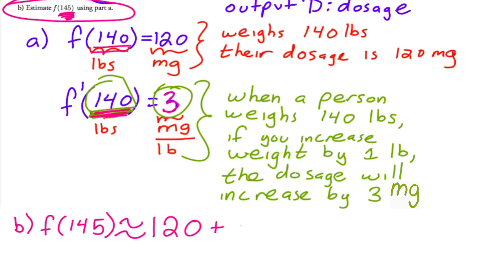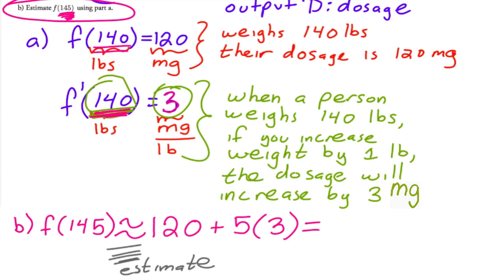Okay, so if you're going to increase the weight by 5 pounds, then that means you're going to have to increase the dosage about 5 times 3, or 15. Again, this is an estimate. This is an approximation, so it's not exact. This is an estimate because, of course, it could change. Okay, so then we'll estimate that this is going to be about 135 milligrams based on this rate that we have right here.